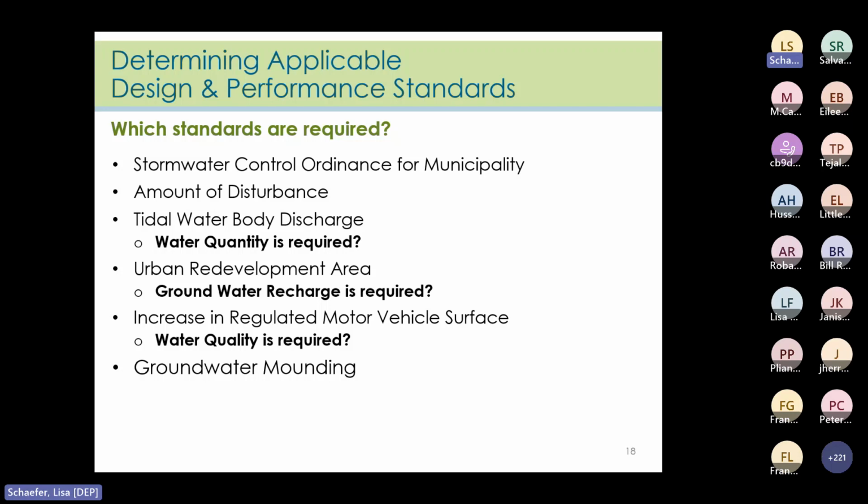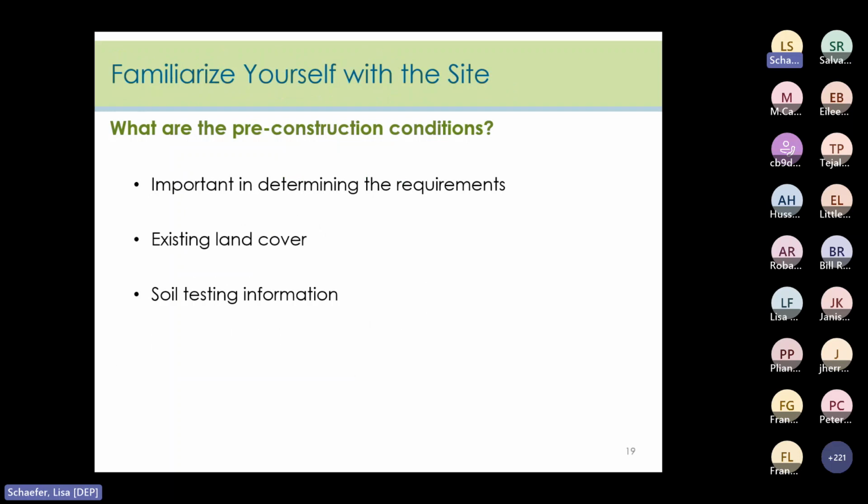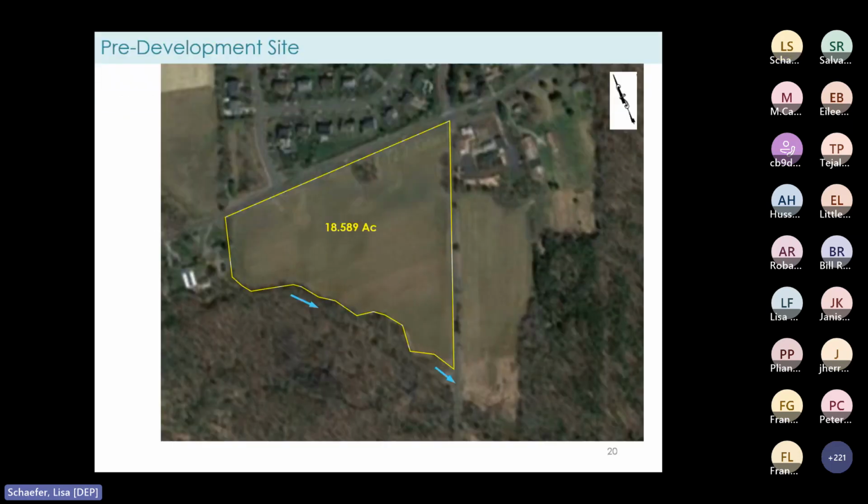And then, of course, we'll need to figure all of that out to see if they apply in this review and how they'll be addressed using GI as required by the rules. So, of course, it's important to know what the site looks like, what the pre-construction conditions are, and what the existing land cover is. Plus, we're going to need soil testing information. So let's take a look at what's going on in our example.